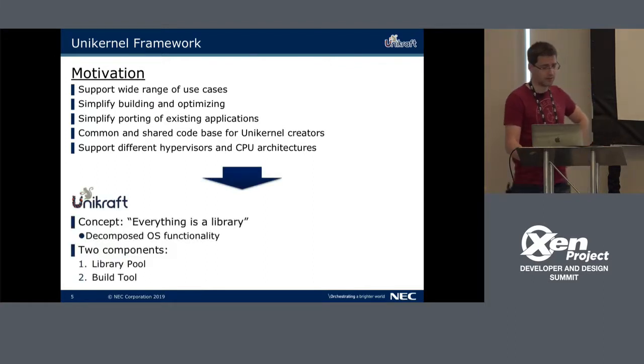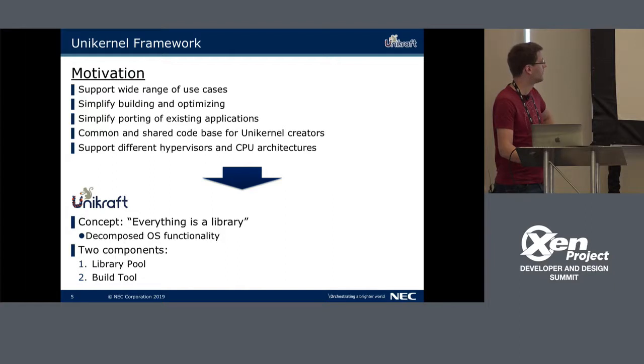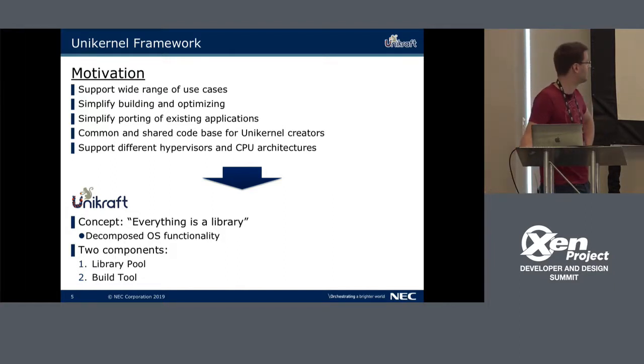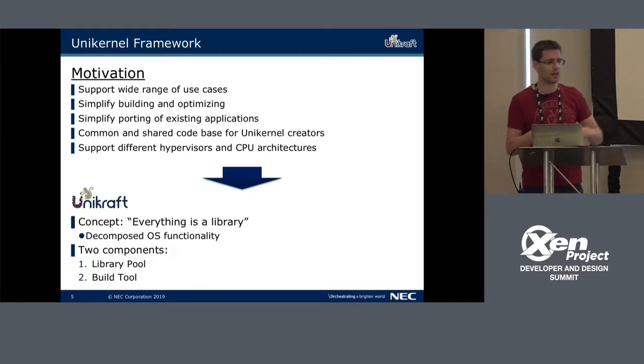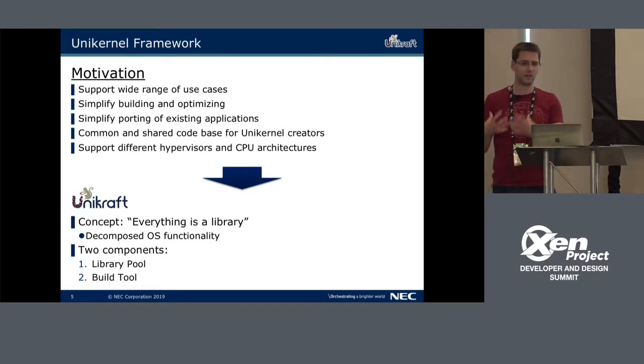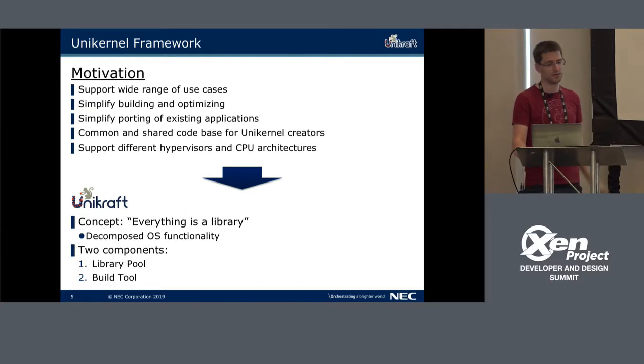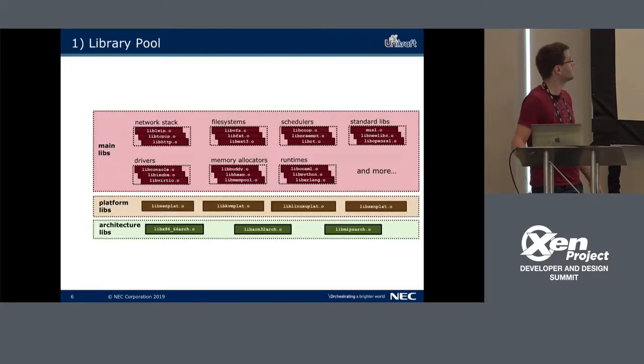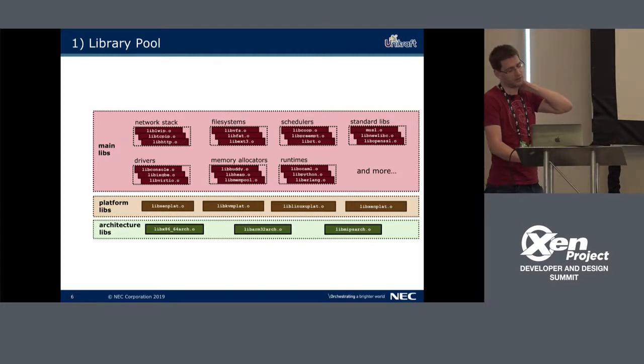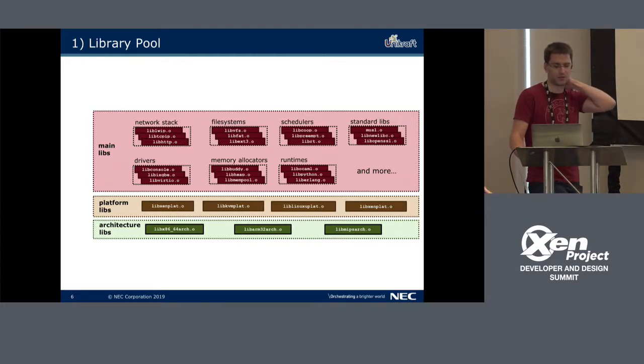And this is where we came up then with Unikraft, where we go with the concept that everything is a library. This goes as far as that you even say that each operating system component, like a scheduler or a memory allocator, is a library and replaceable. And we have 2 components, which is a library pool and a build tool. As a short recap, we distinguish roughly between main libraries, which are independent of a particular platform implementation or architecture implementation.